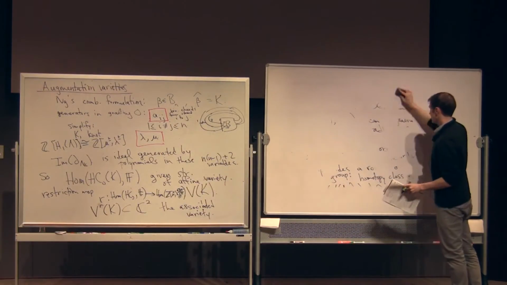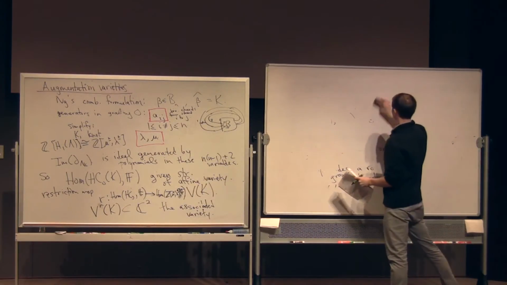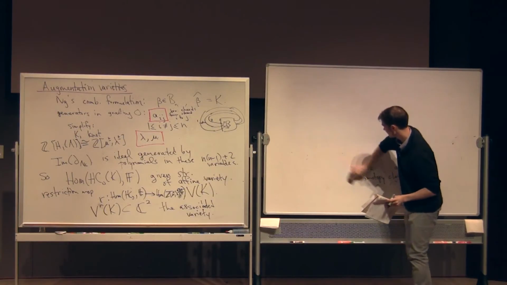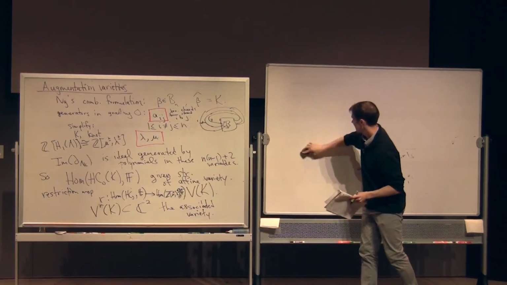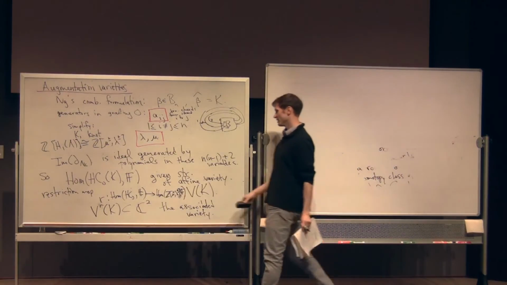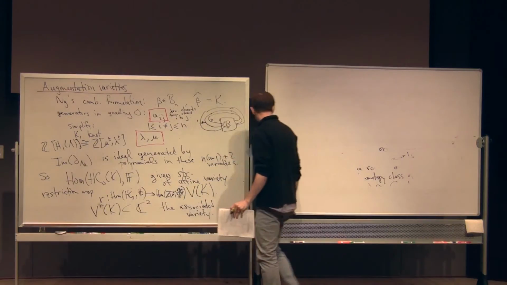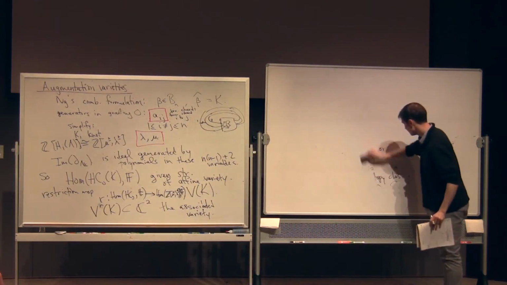So now this curve inside of C2, and I guess we don't know at the moment if this is always a curve. It's always codimension 1 inside of C2, but that seems to always be the case.